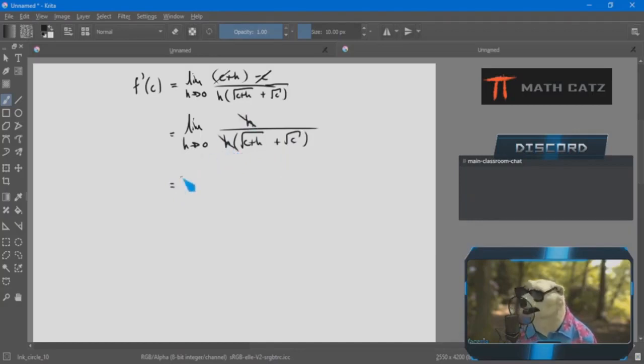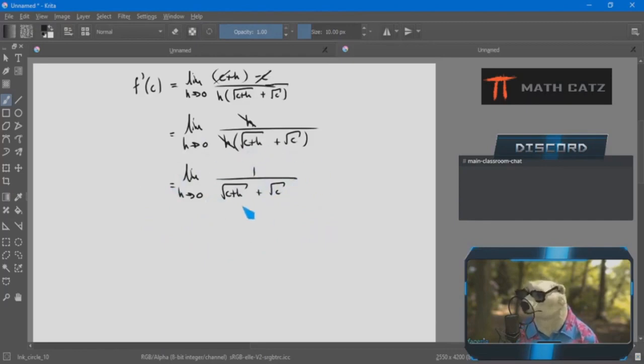Now the h's can cancel, and I'm making good progress. And I have 1 over the square root of c plus h plus the square root of c. Now what is the form of this limit? It doesn't really matter. What matters is not dividing by 0 anymore. There's no zeros anywhere in numerator, denominator, nothing.